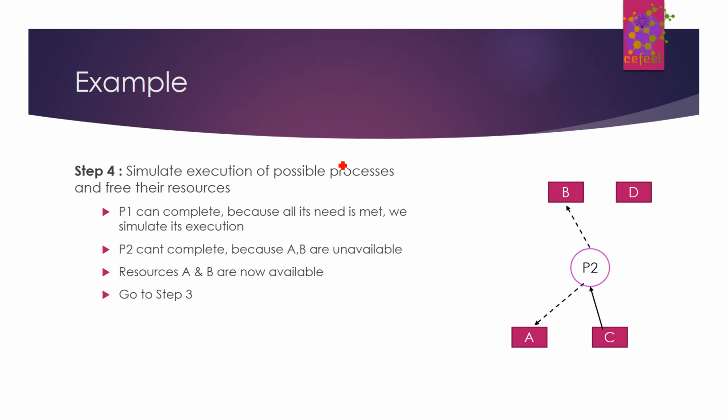And now we go back to step 3 where we check back the requests of each remaining process and see if we can allocate any resource to any process. Now if you just notice the graph, you would see that there is only one process, so there will be no issue in allocation.